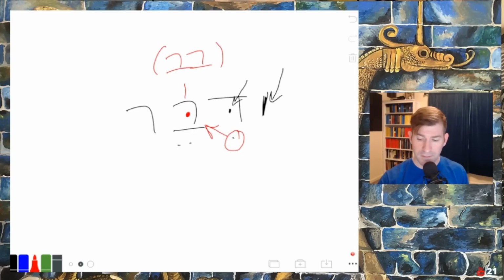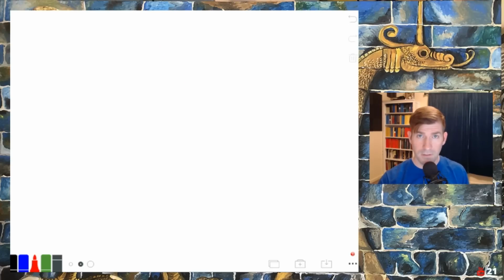But what this does for syllabification, going back to our word diber, what that means is normally you would syllabify like this, right? But because this dagesh is a dagesh forte and it's doubling the bet, we have to syllabify like this. That's how we draw it.